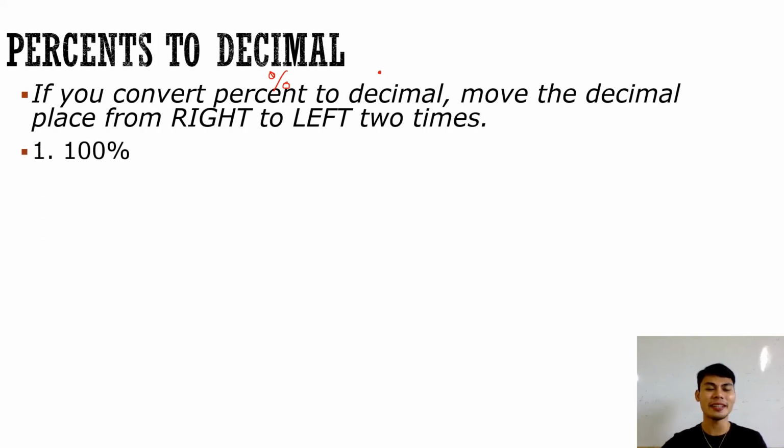Okay, example here, 100%. You may ask, Sir, saan ang decimal point dyan? Wala naman, di ba? Sabi mo, move the decimal place, decimal point. So, pag ganito guys, if it's not written there, the decimal point is in the rightmost part.